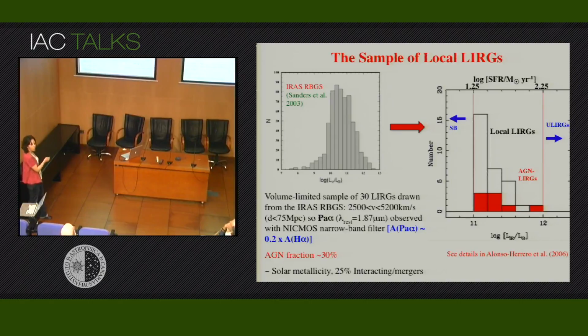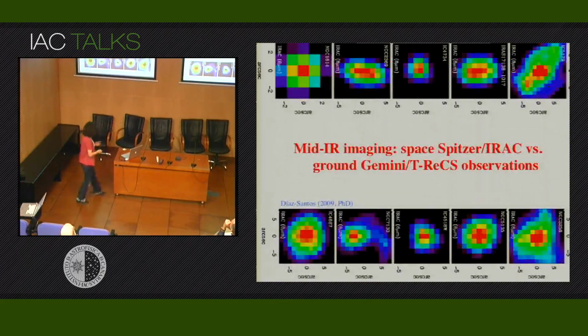They are mostly spiral galaxies or galaxies in groups, minor interactions, and it's only about a quarter of LIRGs that are in strongly interacting systems or mergers. So, as I said before, this sample is representative of the properties of LIRGs in general. Thanks to Chris, we took observations with T-ReCS on the Gemini South telescope. And that's how we started this collaboration.